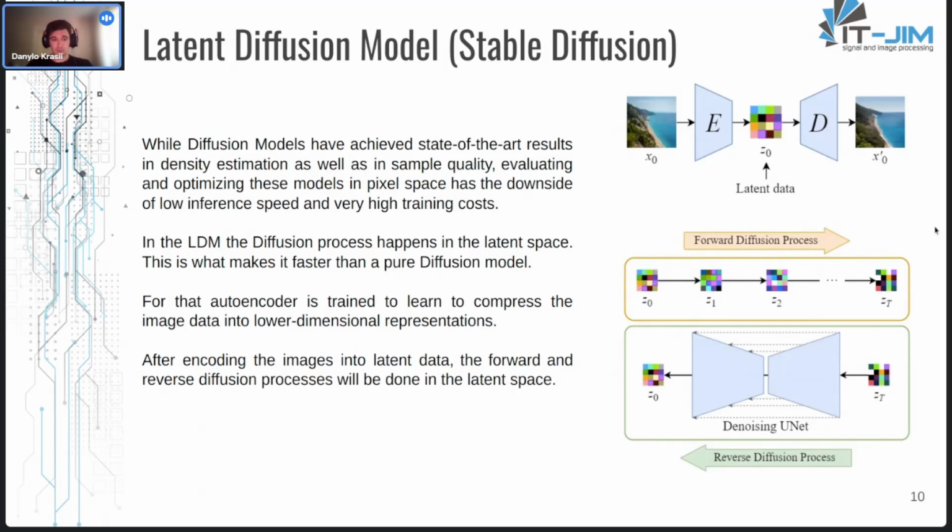For this purpose, the autoencoder is trained. We use the encoder to put the pixel space image into latent space. In the latent space, the diffusion process is done, and then those latents are brought back to pixel space using a decoder.